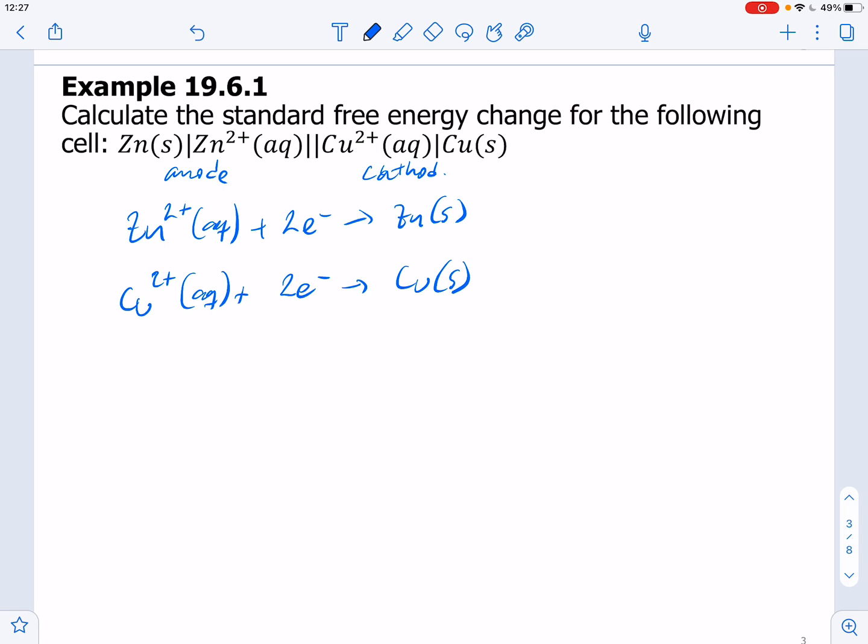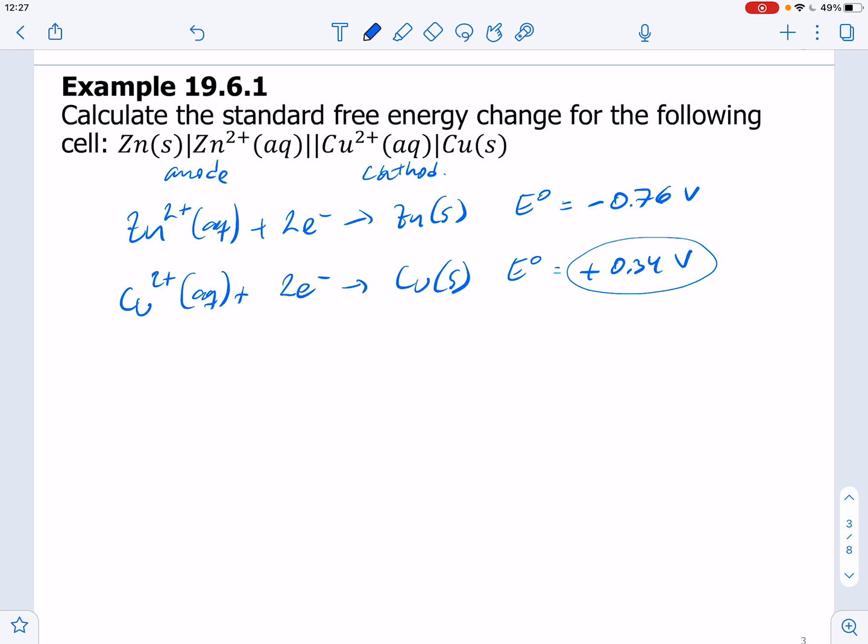Now the potentials of these two half reactions are, for the zinc, equal to minus 0.76 volts, and for copper, plus 0.34. Remember, the more positive the potential is, that reaction is going to happen as a reduction.